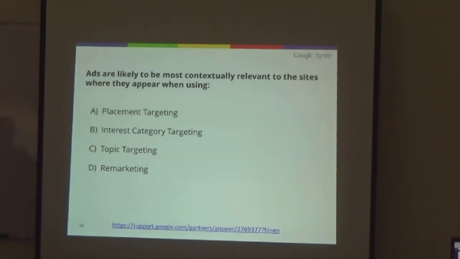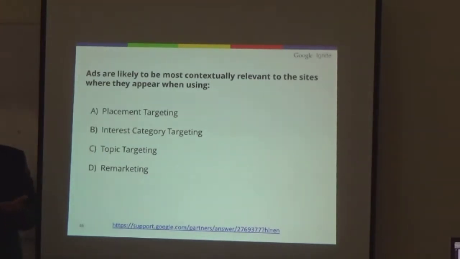Next question. Ads are likely to be most contextually relevant to sites where they appear when using what? Placement? True or false? Don't get confused. Placement is where advertisers choose the website where they want to advertise. So is it about getting the most contextually relevant sites? Placement is false, okay? That's a giveaway. How about B, interest? False. D, remarketing? What is remarketing?